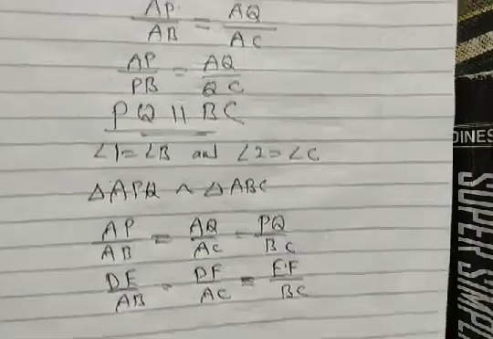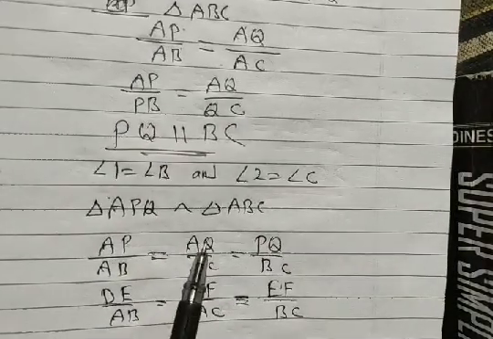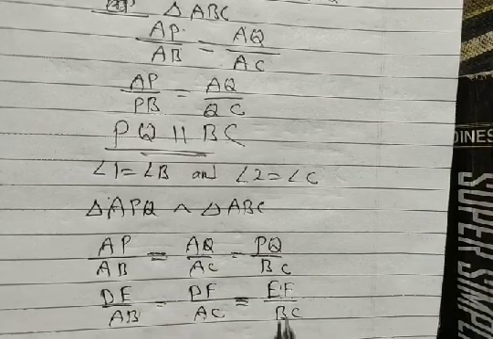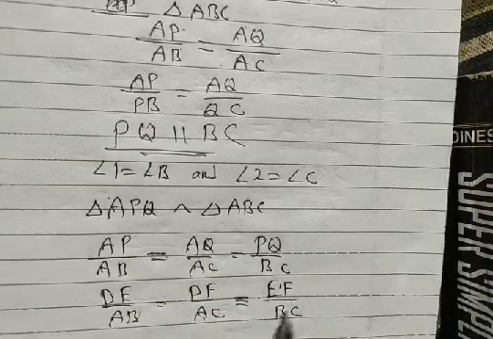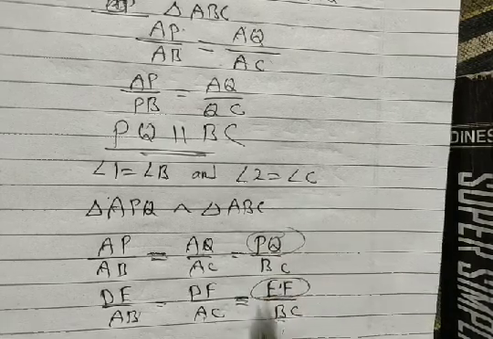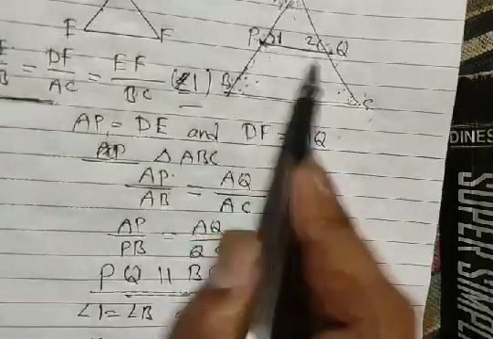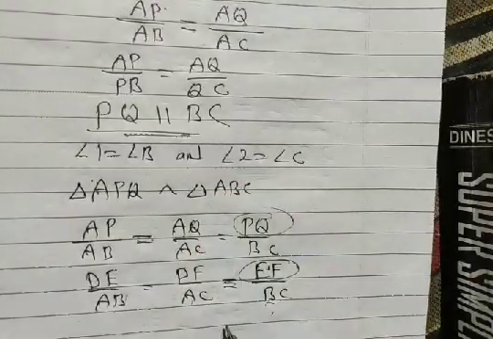Now using this we interchange these values, then DE by AB, DF by AC, and EF by BC. Then we are showing here that our PQ is equal to EF.